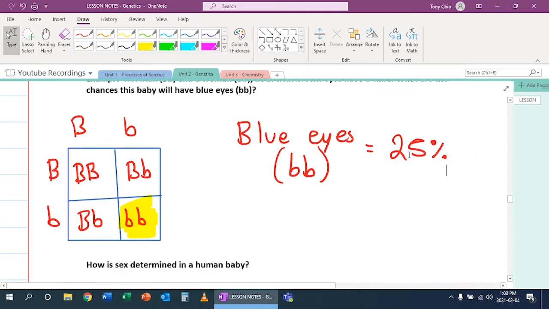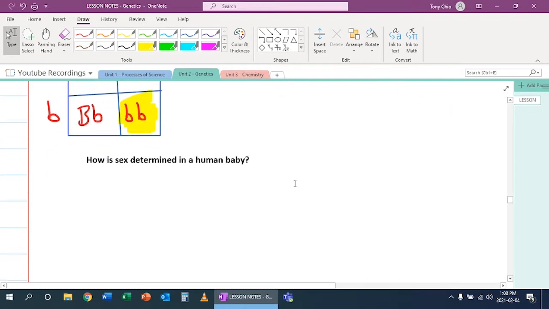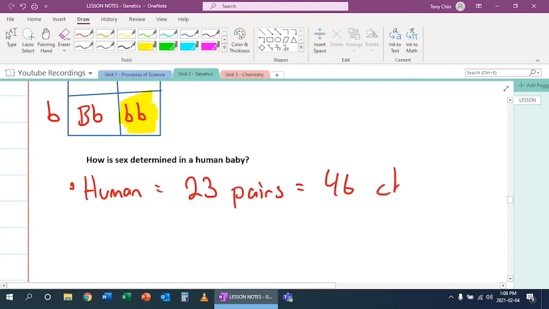All right, let's look at how sex is determined in the baby, okay? So when we talk about sex, we're talking about male or female based on their chromosomes, the XX chromosome and the XY chromosome. Because an average human has 23 pairs, which equals 46 chromosomes.